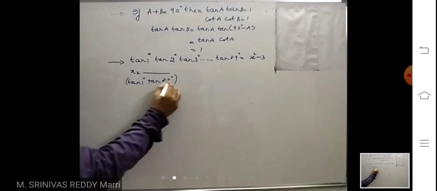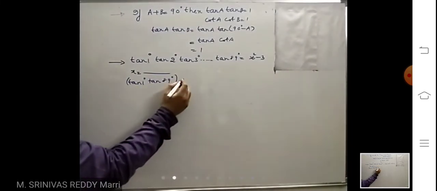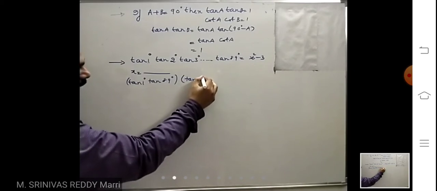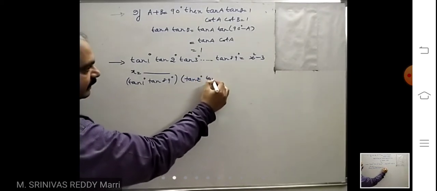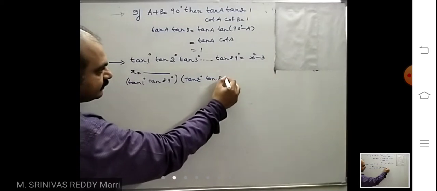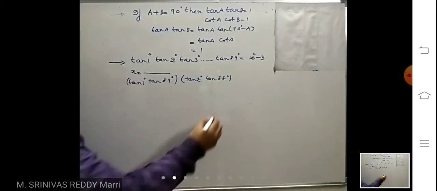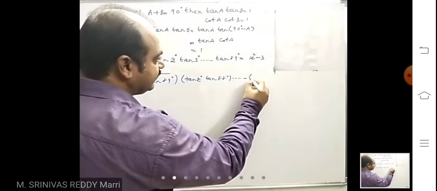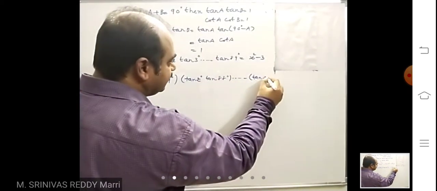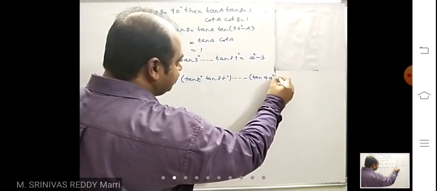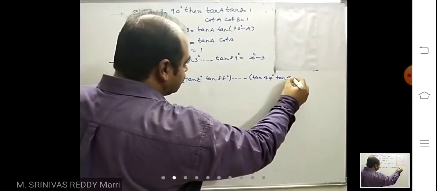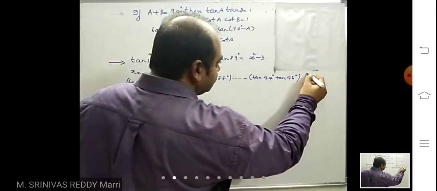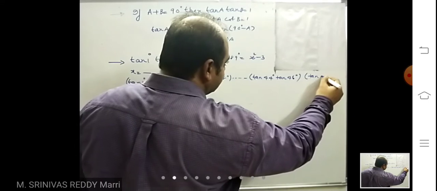You can club such that their sum is 90. Tan 2 degrees I will club with 88 degrees. Like that, 3 degrees can be clubbed with 87 degrees. Finally, you can club tan 44 degrees into tan 46 degrees, and tan 45 will be only 1.